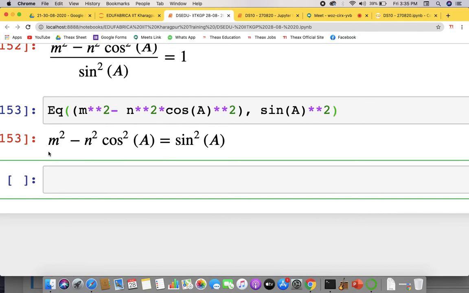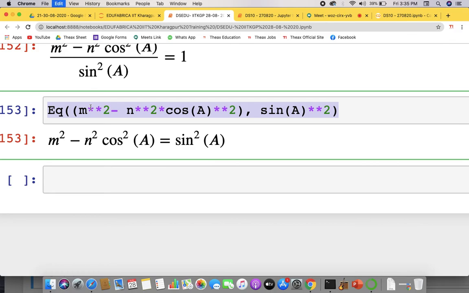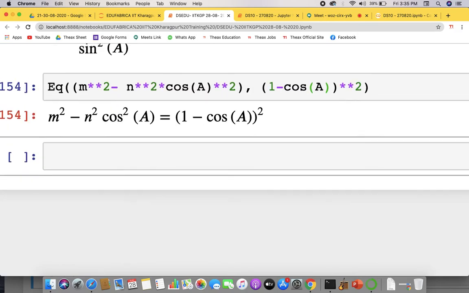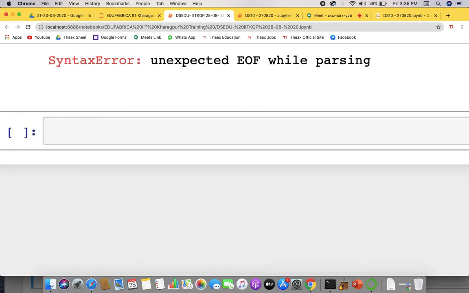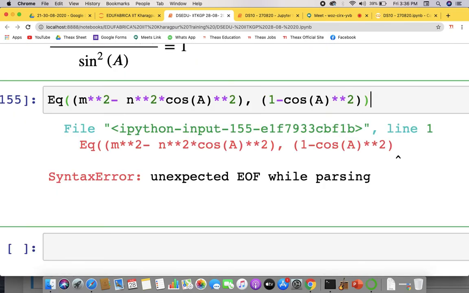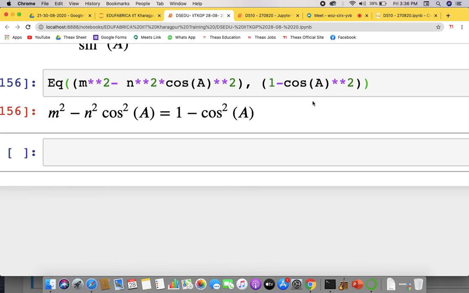And then can we write this whole equation, instead of sine a, as 1 minus the cos of a, and this is m minus n square cos square a is equals to 1 minus cos square a. Okay, so now you can easily solve the things.